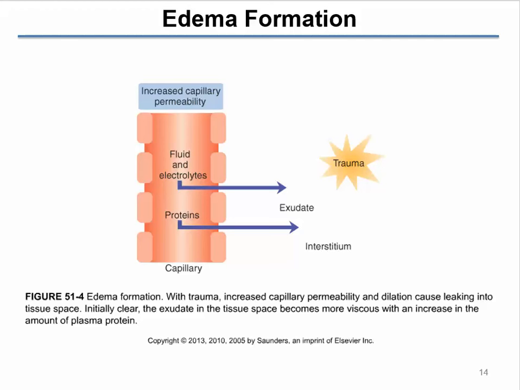And the proteins and the fluids and electrolytes together are called exudate. It's probably a good idea to come up with some definitions. So edema is moved into the interstitium of tissue.